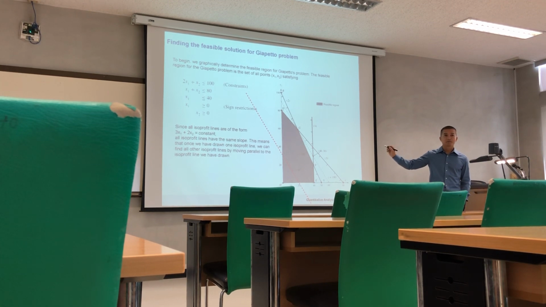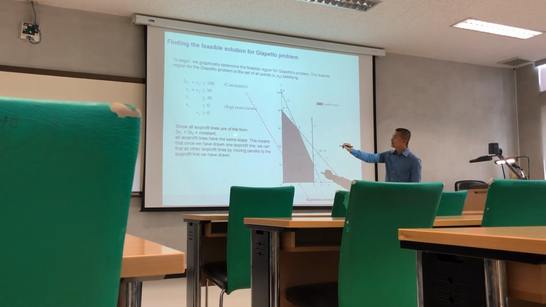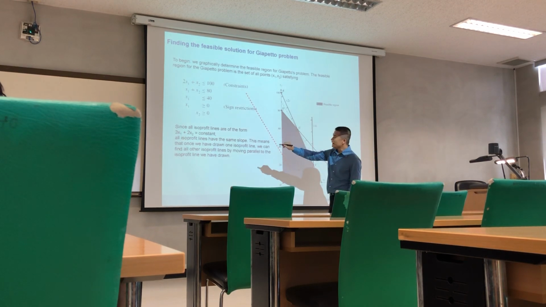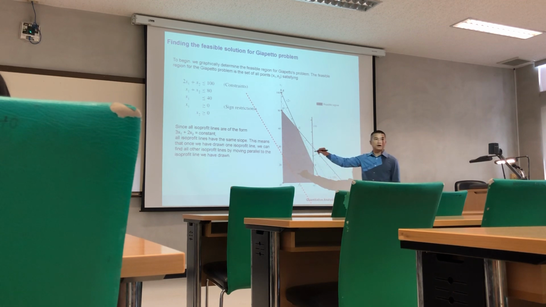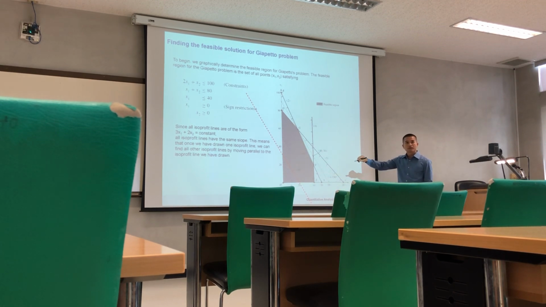Right? So isoprofit lines are of this form and have the same slope. If I want to draw a line with this slope, which is minus 3 over 2, regardless of this constant, x2 equals minus 3 over 2 x1.